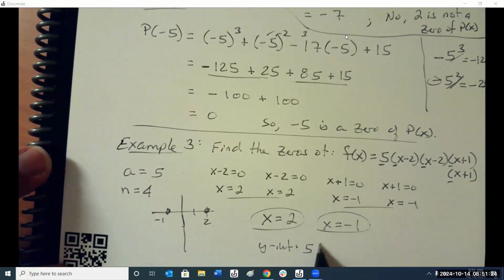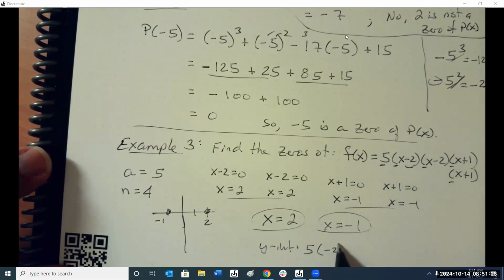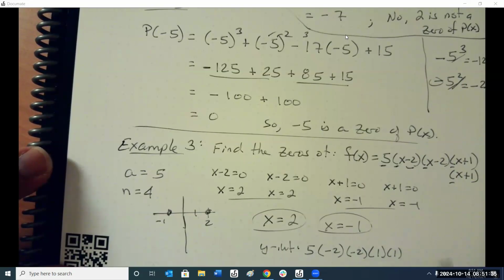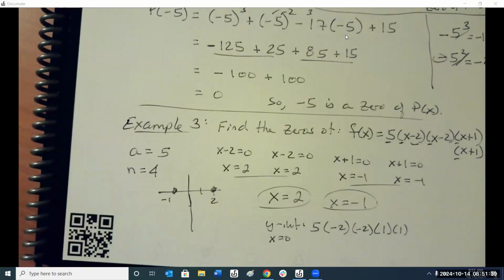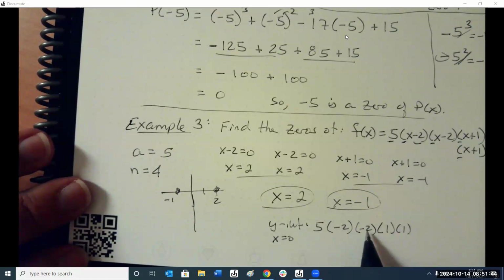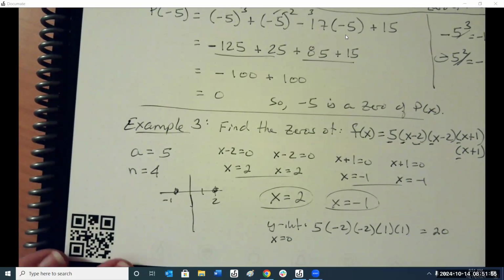So take 5 times negative 2 times negative 2 times positive 1 times positive 1. Remember, to find the y-intercept, set your x equals 0. So all these x's disappear. Negative 2 times negative 2 is 4. 4 times 1 times 1 times 5. 4 times 5 is 20.